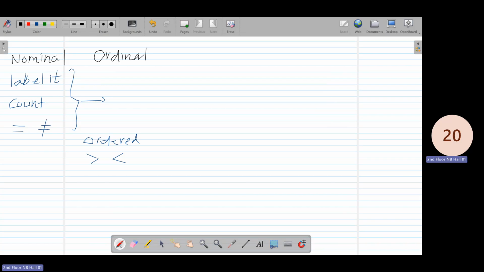Next we studied interval. Here it consists of all the features from the ordinal scale. Other than that, no true zero. Here we can apply addition and subtraction.